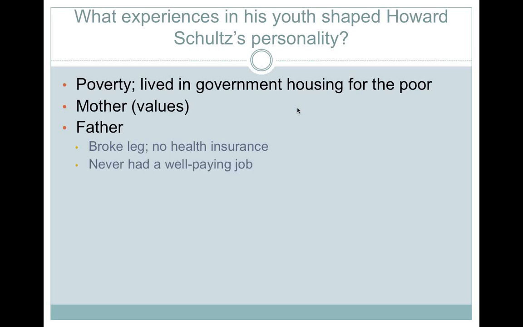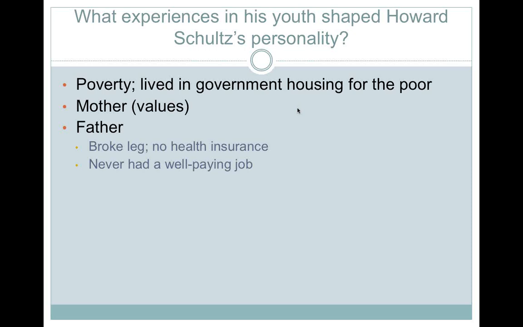His father also never had a high-paying job, and that's the obvious reason why they were poor. And Howard, when he was growing up, had bad feelings about his father because he felt like his father should have done better.